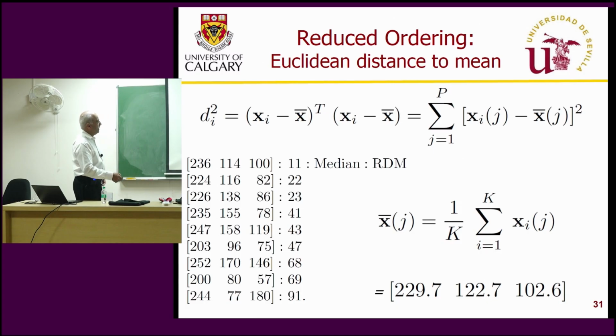Here is the mean value, the mean of all these RGB values. Take the distance, and these are the distances truncated to just integers, then rank order. Now, here you don't go to the middle, you take the first one, that is the closest to the mean. You take that.